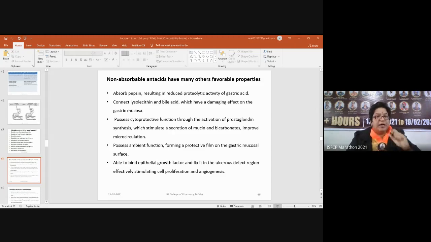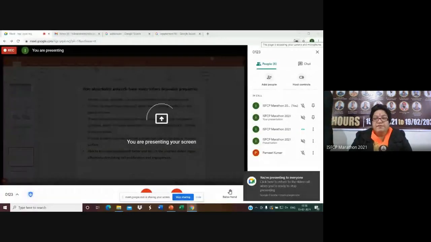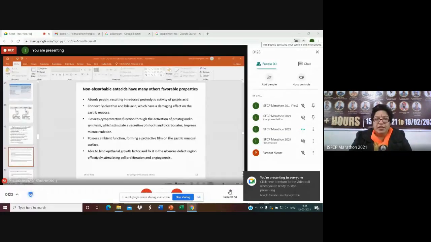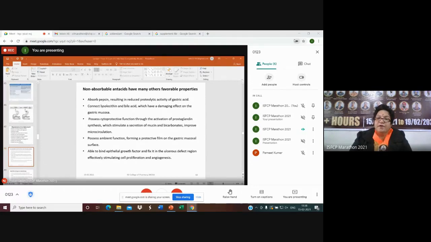Every single compound among antacids has some side effects, especially when used for a longer period or in elderly patients. So, to avoid certain side effects associated with antacids, combinations of antacids are used, like magnesium and aluminum containing preparations.